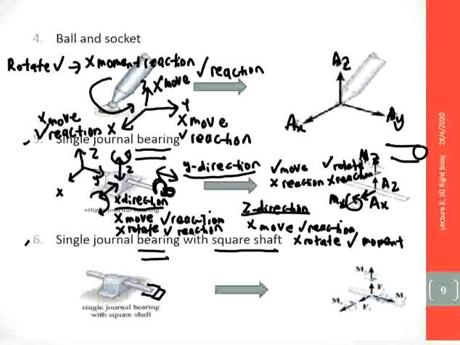It's the same as before: we have x, y, and z, and we look for the force reaction first. For the x axis, this square shaft can move horizontally in the x direction.